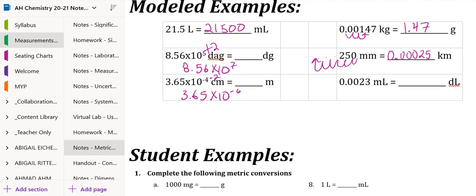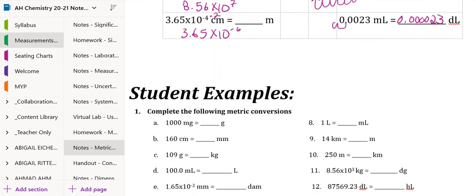And then the last one, we're going from milli to deci. So are we going to multiply by 10 or divide by 10? Divide by 10, how many times? 2. Do you agree? Okay.